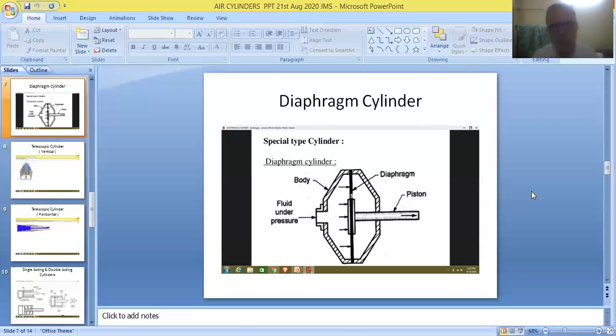Whatever may be the case, depending upon the moving element, we have to name these cylinders. If a piston is used as a moving element, it's called a piston cylinder. And here a diaphragm is used as a moving element, so they are referred to as diaphragm cylinders.